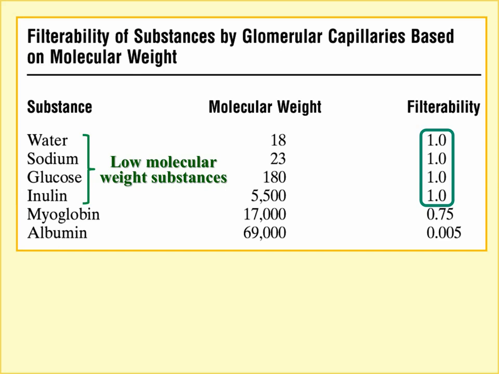Albumin is a normal blood plasma protein with molecular weight about 69,000. And you see albumin filterability is 0.005, which means 1 molecule out of 200 can be filtered. So it's a negligible amount. Generally blood plasma proteins cannot be filtered by the kidney filter.